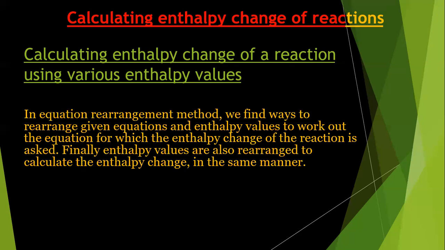So we are going to find out the enthalpy change for the reaction using the given enthalpy values. These given enthalpy values, I call them various enthalpy changes. So we have to modify these equations to get the final equation. And finally, enthalpy values are also rearranged to calculate the enthalpy change in the same manner.